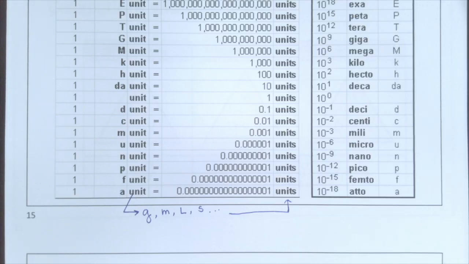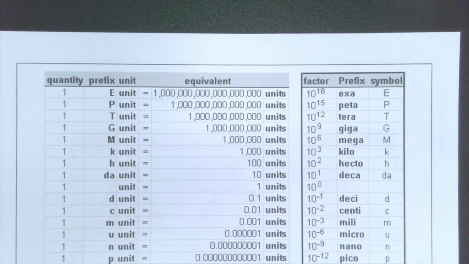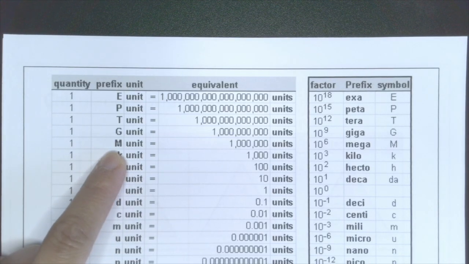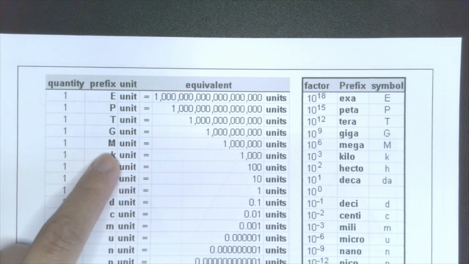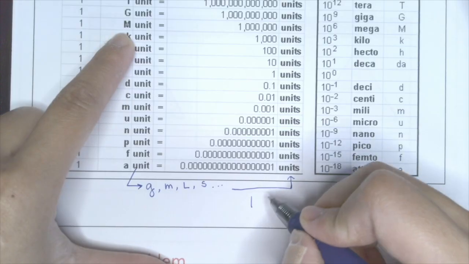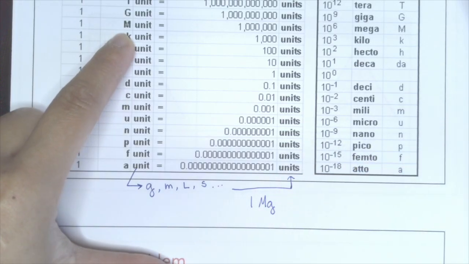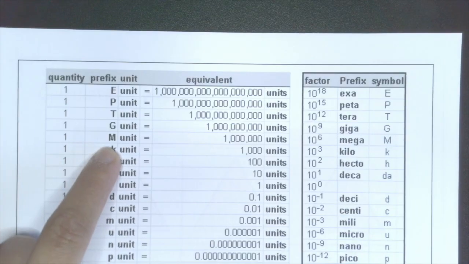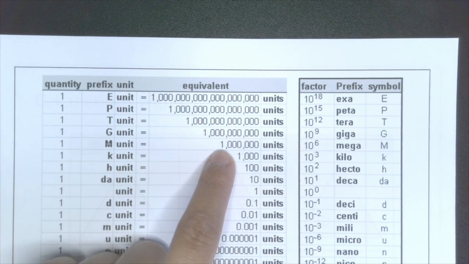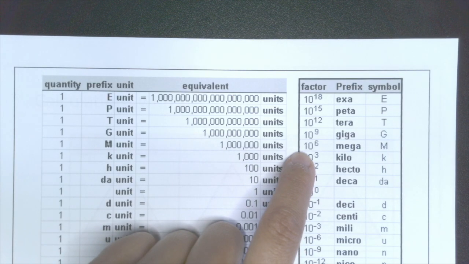For instance, let's say we're working with mega, with a large unit. And so 1 mega, let's say we're measuring mass, 1 megagram is going to be equal to whatever that unit mega means. So mega will always mean 1,000,000, and we can write it in exponential form.